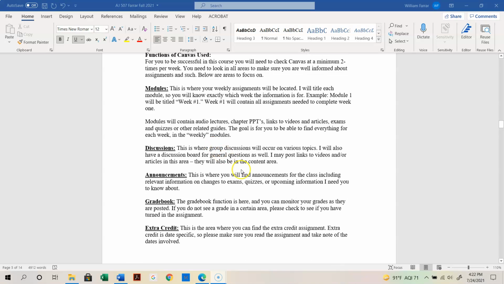Next would be discussions, and this is important because this is where group discussions will occur on our different topics. Announcements, this is where you're going to find your announcements for the class, including any relevant information on changes to exams, quizzes, or any other upcoming information that I want you to know about or I think is important, like maybe a career fair or an actual job opening somewhere, or something really cool that happened in the realm of the courts or criminal justice, and I'm trying to get the information out to you.